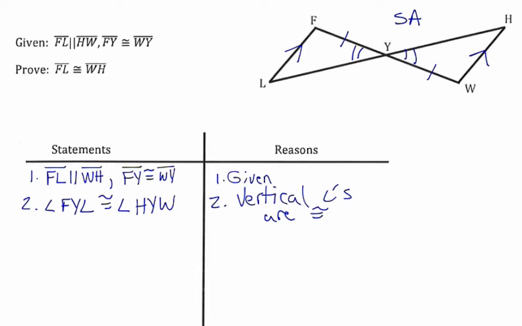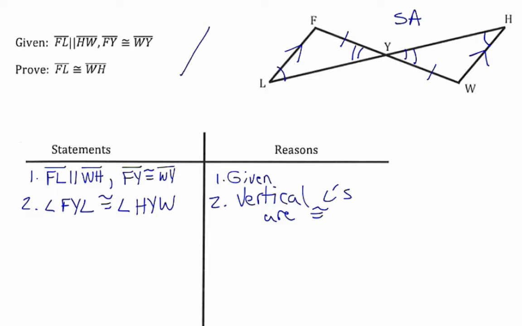Parallel lines is a big clue. Parallel lines always give me things like corresponding angles or alternate interior. So I'm going to look for those. And what I notice is angle H and angle L are alternate interior.